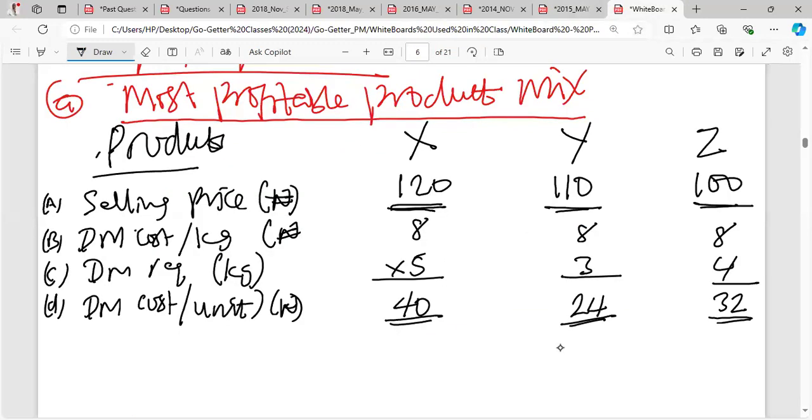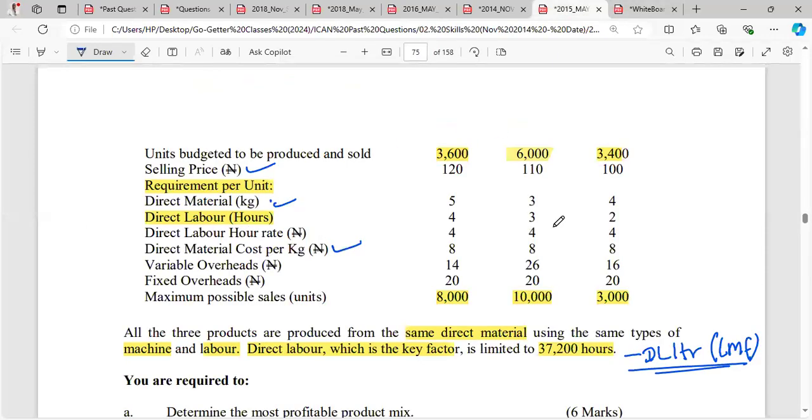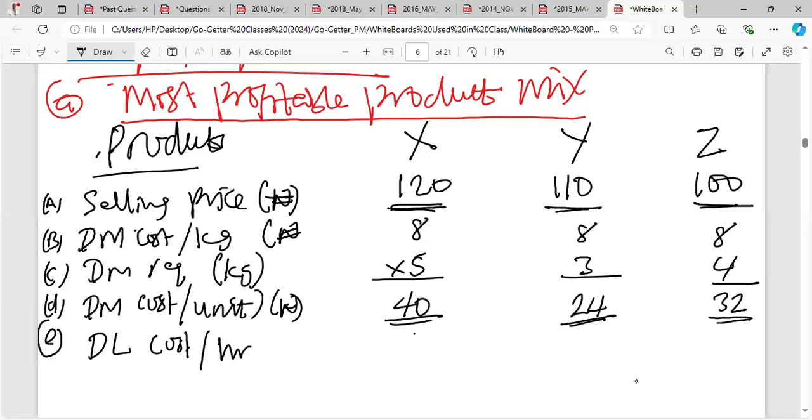So this is E, direct labor cost per hour, or direct labor rate per hour, which is 4, 4, 4 each, in naira.